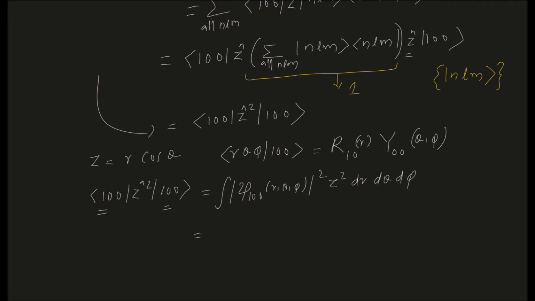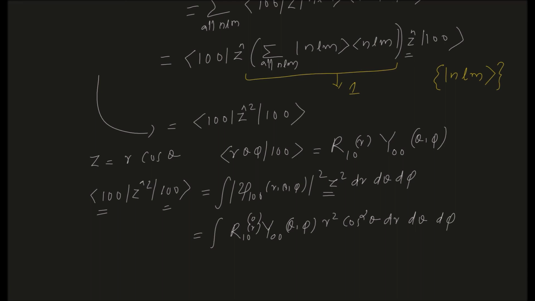If you make the substitution for z squared in spherical polar coordinates, you can write it as ψ100, so this is R10 for the non-degenerate state. Then we have the spherical harmonics Y00 of theta, phi, so this is a function of r alone. And then we have r squared cos squared theta dr d theta d phi.